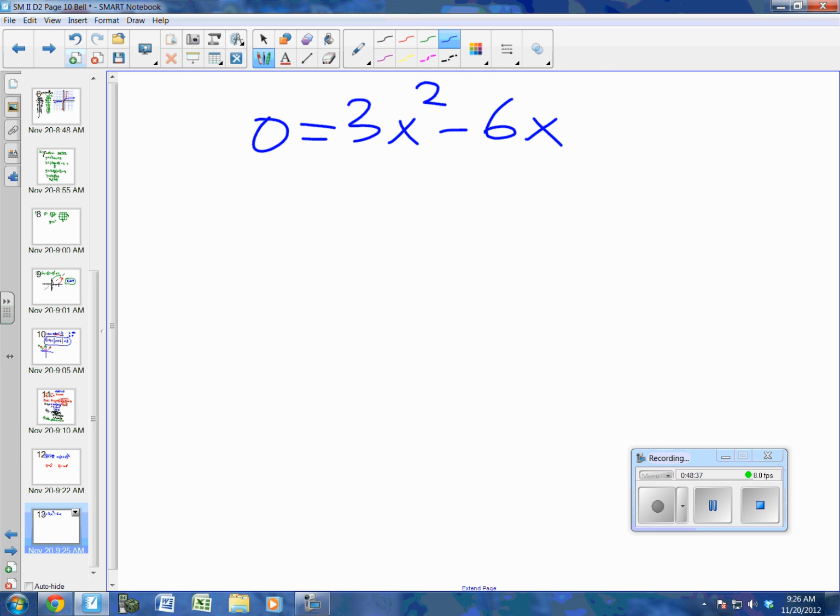What is the greatest common factor? 3 is part of the greatest common factor, but it's not the greatest common factor. 3x. So I am going to factor out a 3x, because there's at least a factor of 3 and x in each term. If I take out a 3x of the first term, what am I left with? x. Because think, is 3x times x 3x squared? That's how you know if you factored it right, if you can multiply them back together and get that number. If I take a 3x out of a negative 6x, what am I going to be left with?